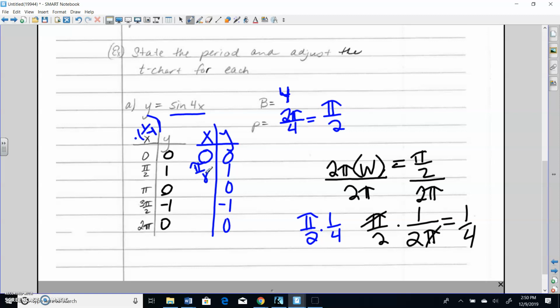Pi times 1/4 is 1/4 pi, or pi over 4. 3/2 pi times 1/4, so 3/2 times 1/4 would be 3/8. 3 pi over 8. And then 2 pi times 1/4 would be half pi. So my lines aren't really lining up there.